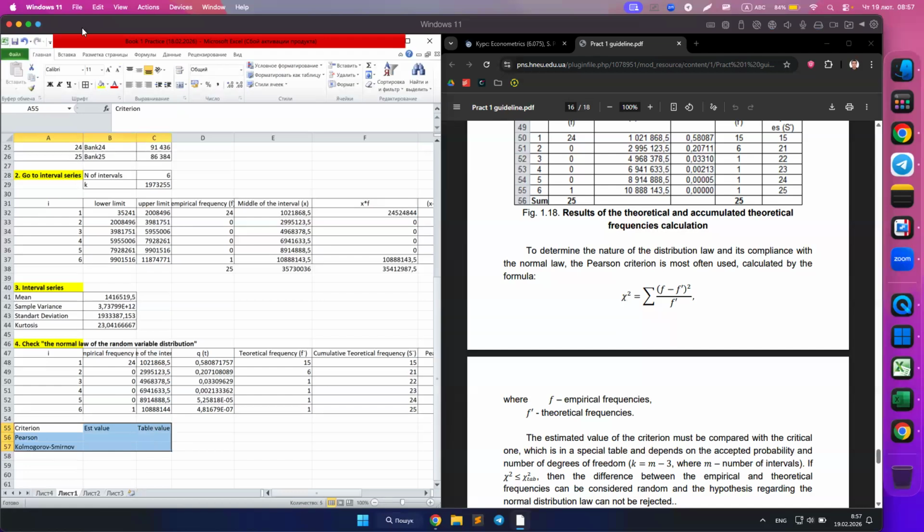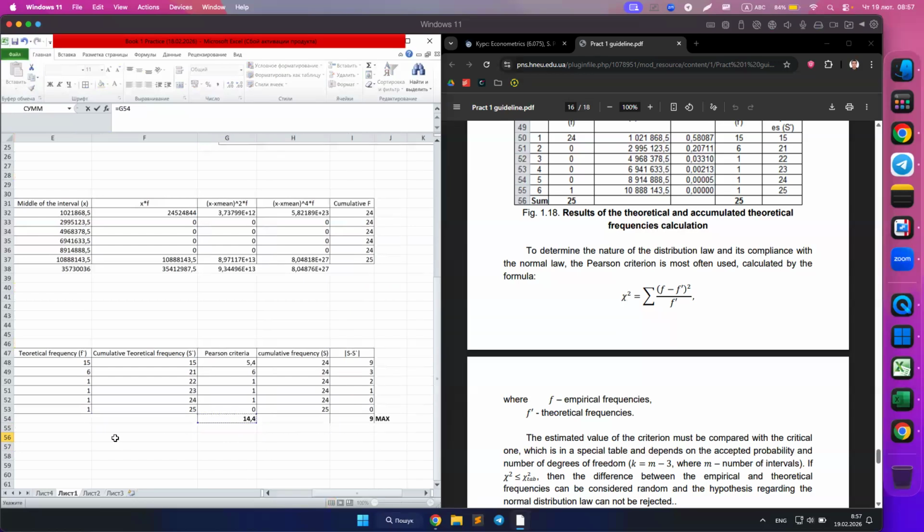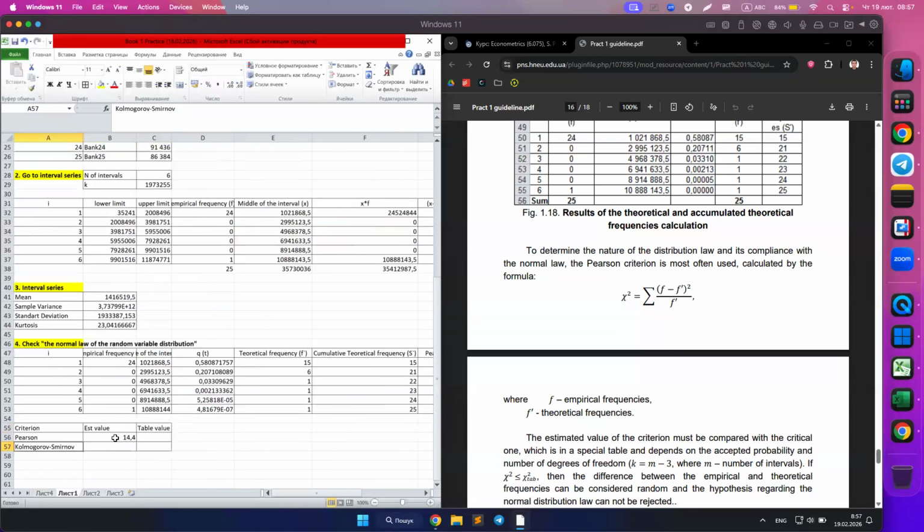So about the estimated value. For Pearson, we achieve this value here. For Kolmogorov-Smirnov, we have to find this value, but it's a very easy formula. We have to find the maximum value from the last column.